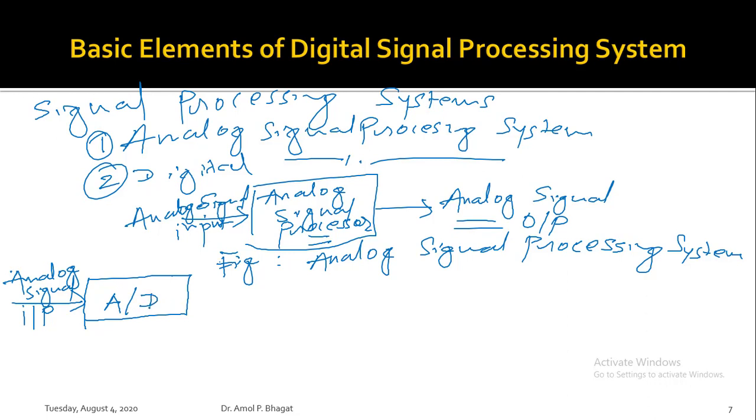This A to D converter will convert the given analog signal into a digital signal.